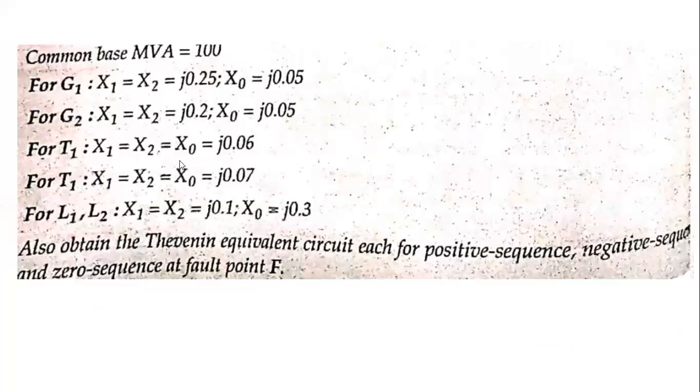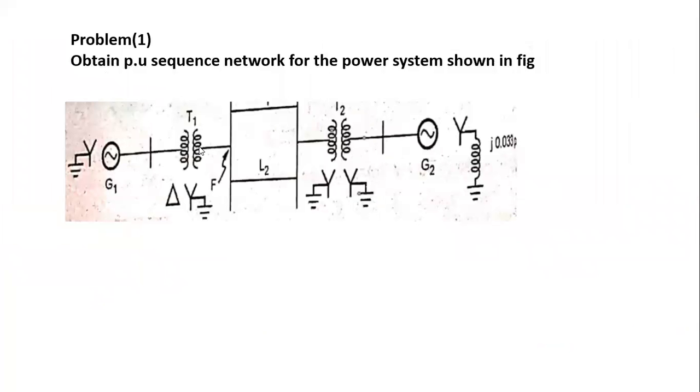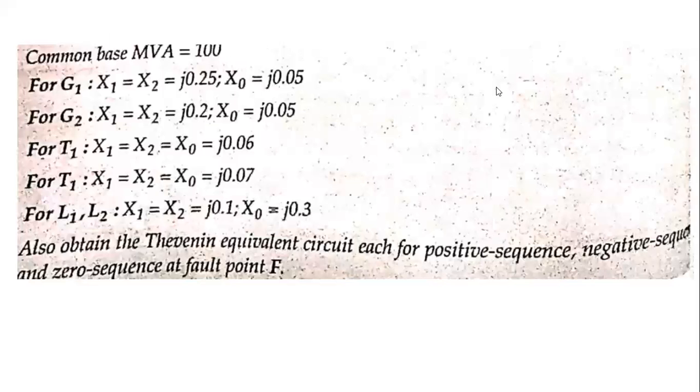This is the given diagram: generator, transformer, two transmission lines, transformer 2 and generator G2. We have two transformers, two generators and two transmission lines.